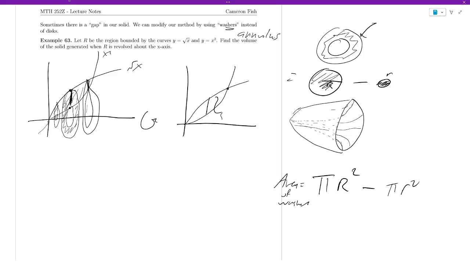It's here, right? Where's the little radius? It's here. So these are connected to the equations of the graph. We have to think about it a little bit. I bet the big radius is just this function, right? The distance from the axis up to that function is just the thing itself.